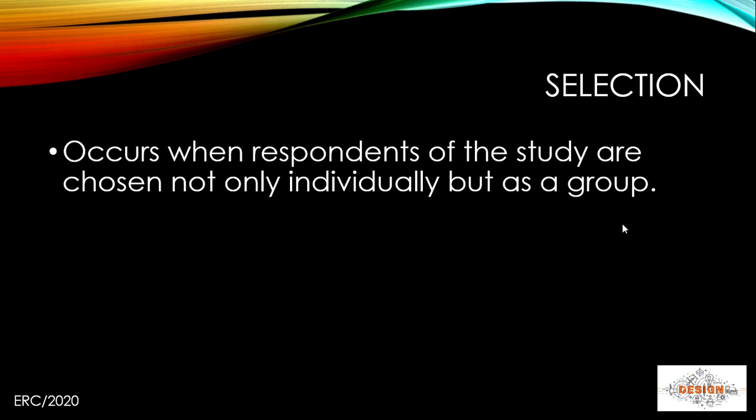In an experimental study, a threat to validity occurs when the subjects for the experimental group are very different from those selected for the control group. For instance, if at the beginning of the experiment, the experimental group already has an advantage over the control group in terms of the focus of the study, this difference will definitely affect the results of the study.